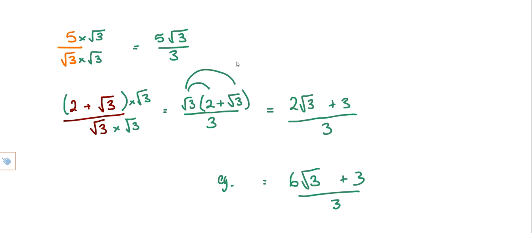But you have still rationalised the denominator. But a question like this might be rationalise the denominator and simplify. So just to run through that again, if this was the answer and not that, this would then factorise to 3 times 2 root 3 plus 1 all over 3, so that would cancel and just leave 2 root 3 plus 1. Okay?